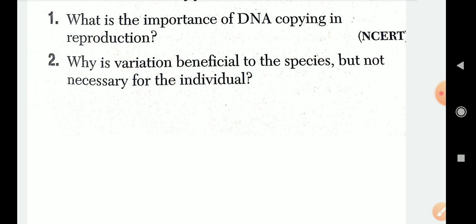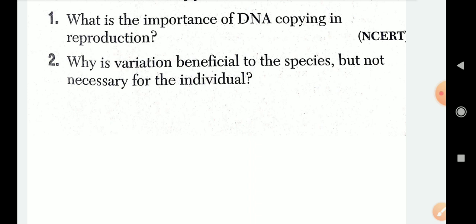But suddenly there is a great change in the environment. Suppose the temperature suddenly decreased or suddenly increased, and those who had the variation were able to bear that temperature, so obviously they will survive, and other members which do not have that type of variation may die.